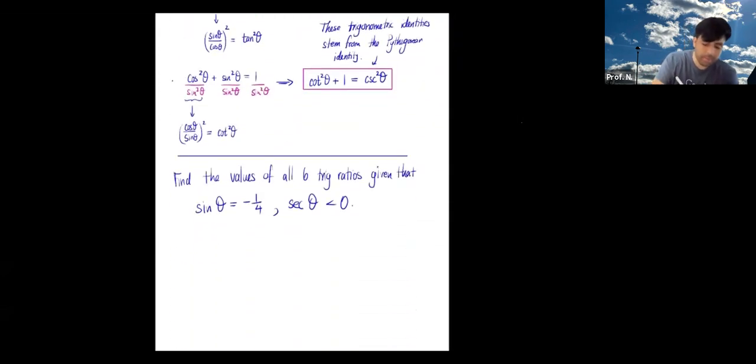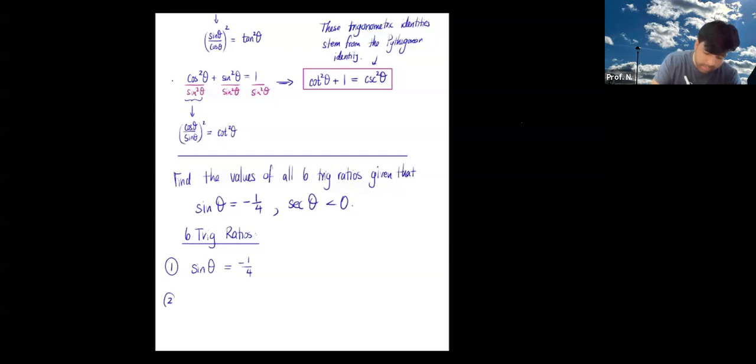So for example, I know sine already. These are the 6 trig ratios, right? I know sine of the angle, it's -1/4.